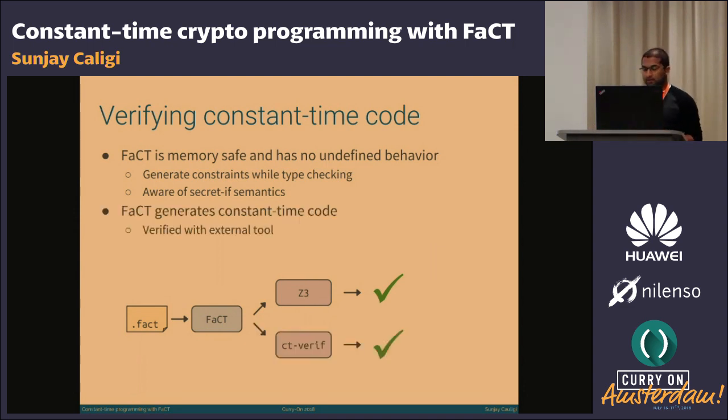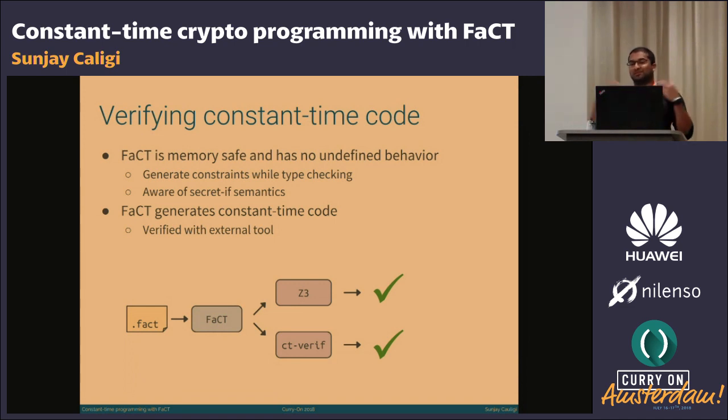Kind of along a similar vein, we check that we're generating constant time code not by verifying the compiler itself, but by running our generated code through an external verification tool. So in our case, we're using ctverif. And so every compilation, we just take our output code and run it through ctverif, and it'll say, yes, this is constant time, or no, it's not. And what this allows us to do is twofold.